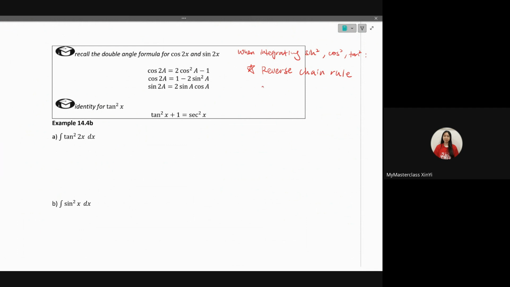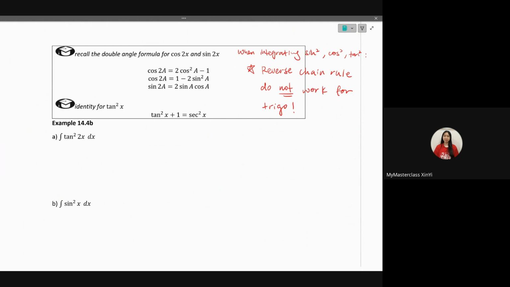Write this down. Your reverse chain rule only applies for your polynomial functions, your normal algebra functions. So it doesn't work for trigo.